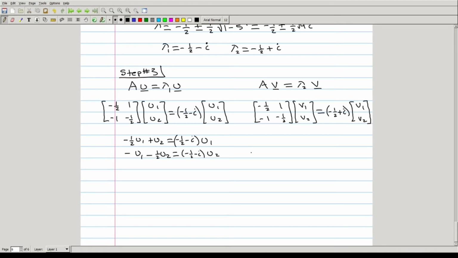But ultimately what happens is that you get that the eigenvector u, when this is solved, is of the form s times the vector i, 1, and you get that the eigenvector v is of the form s times negative i, 1.